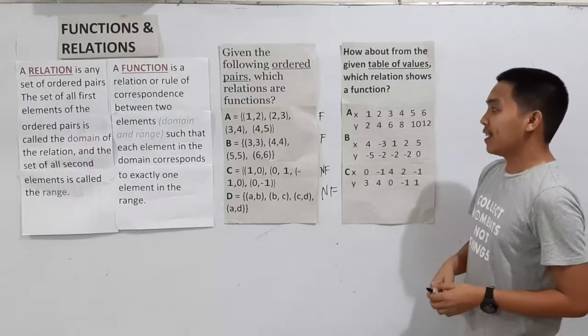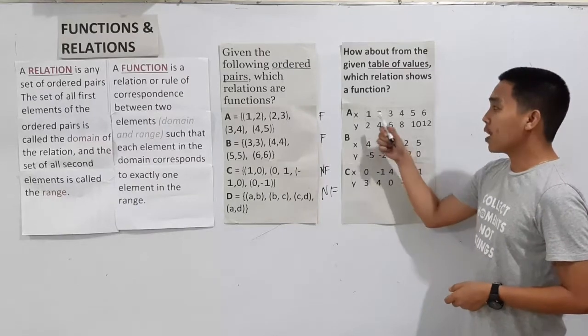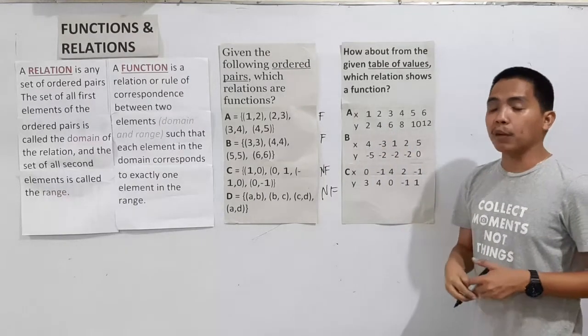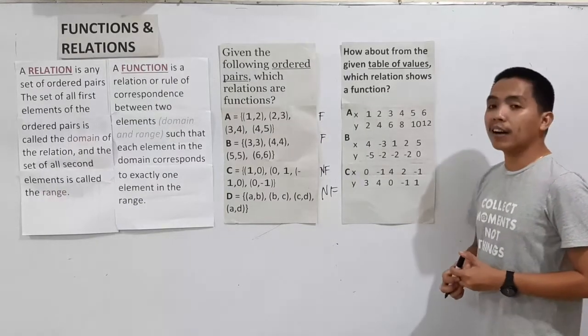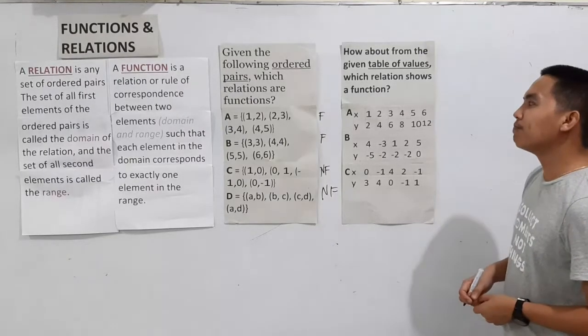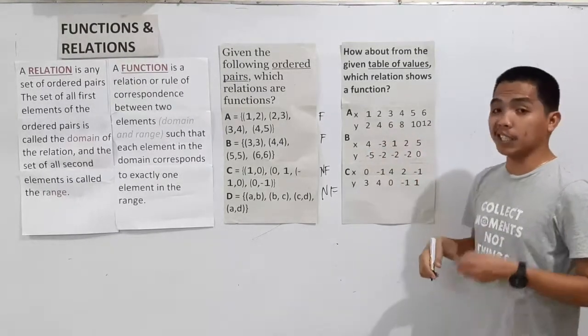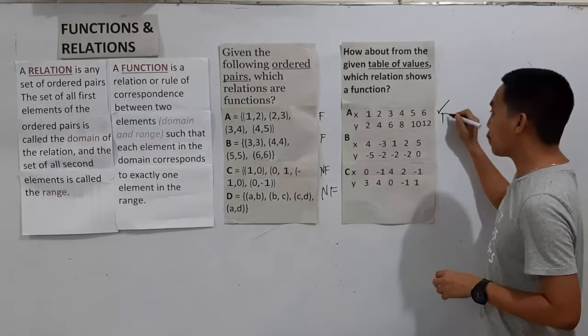Question. We have X here, we have Y here. At the bottom, question, is the table of values letter A a function or not a function, or just a mere relation? 1, 2, 3, 4, 5, 6, nagbalik ba si X? Hindi. So number 1, yes, it's a function.